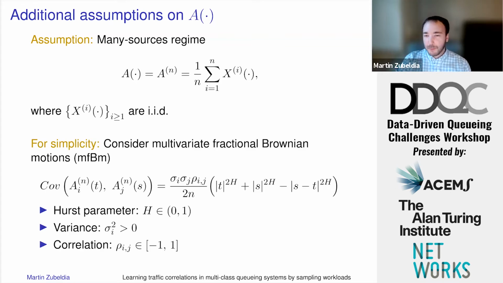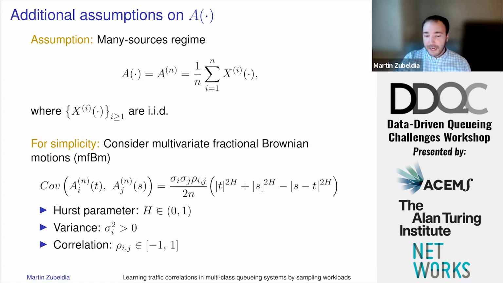And again, for the purpose of this talk, to keep it simple, instead of considering any Gaussian process, we're going to consider a much smaller class, which are the fractional Brownian motions. What's particular about them is that the covariance has a very particular form. It's a polynomial, parameterized by H, which is called the Hurst parameter, between 0 and 1.